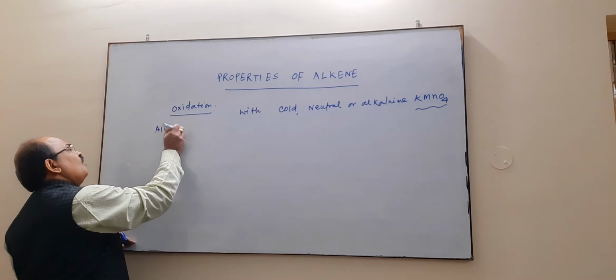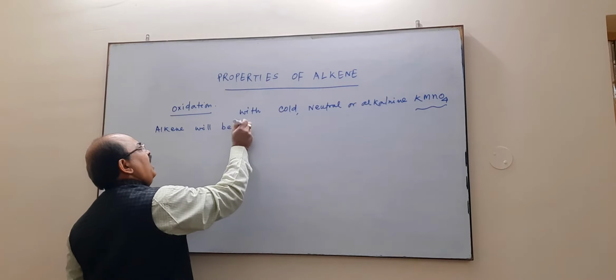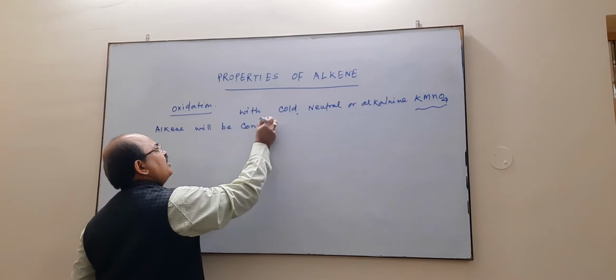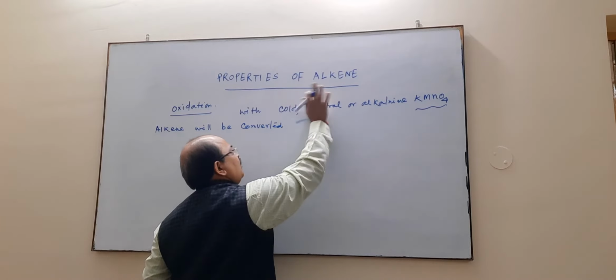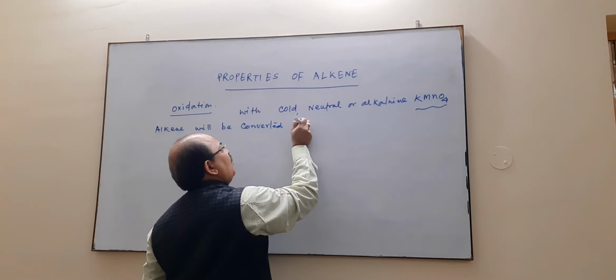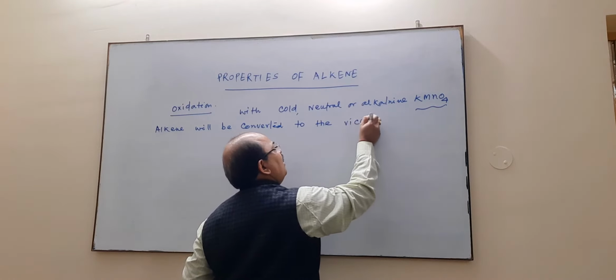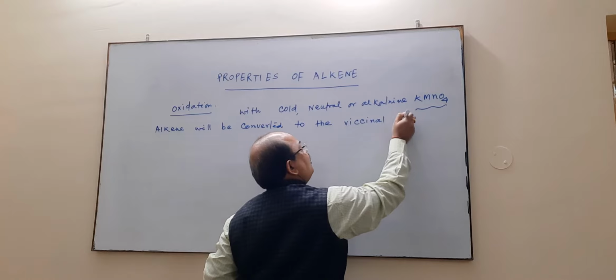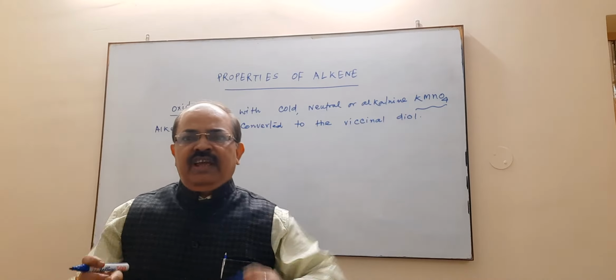alkene will be converted to the vicinal diol. It will be converted to your vicinal diol.